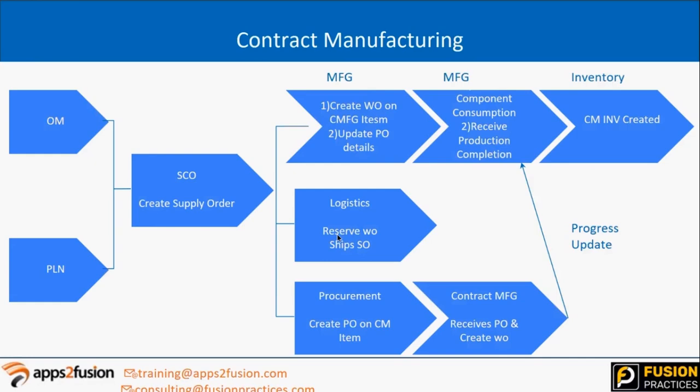I don't think it creates a work order there. It creates a supply order, and that translates into a work order at the contract manufacturer. Then the contract manufacturer has a PO to buy from the requesting org, and also it has a sales order to ship to the requesting org. This is how I understand the two sides of it, because the important point to understand is the contract manufacturer is mapped to an inventory org.